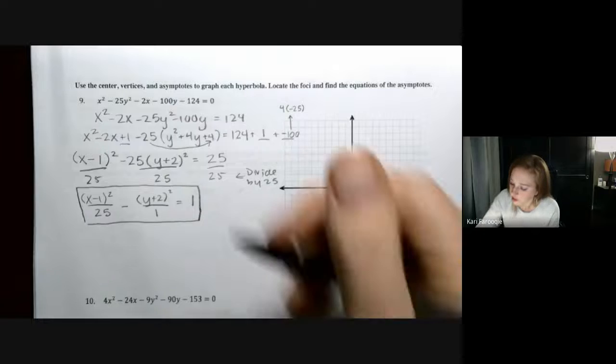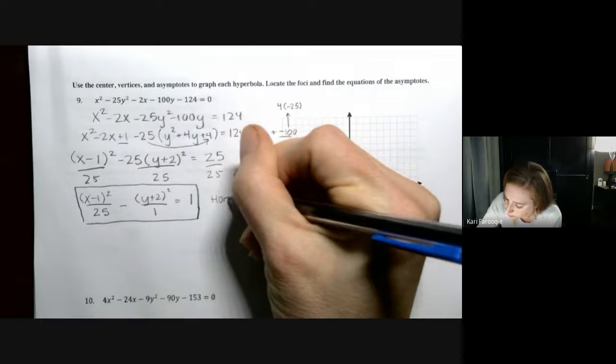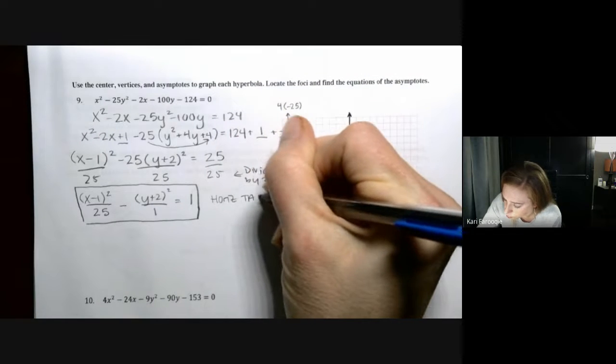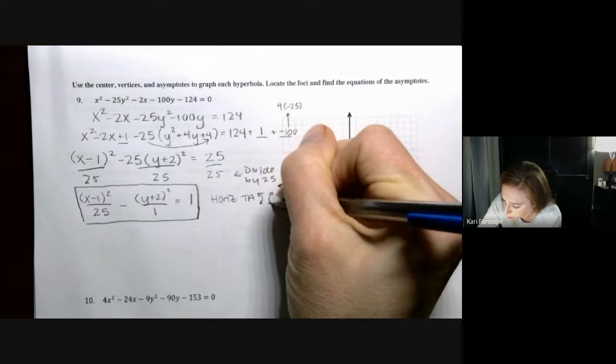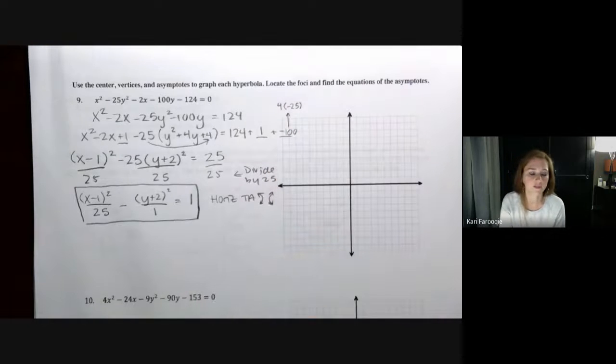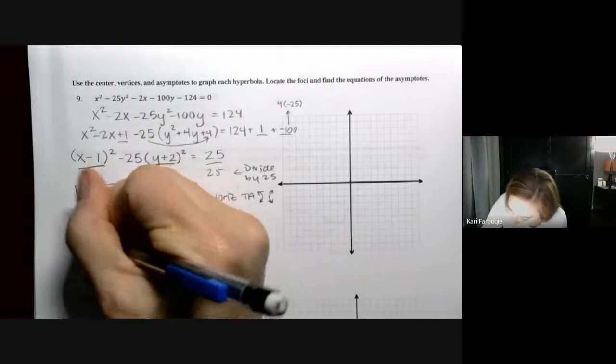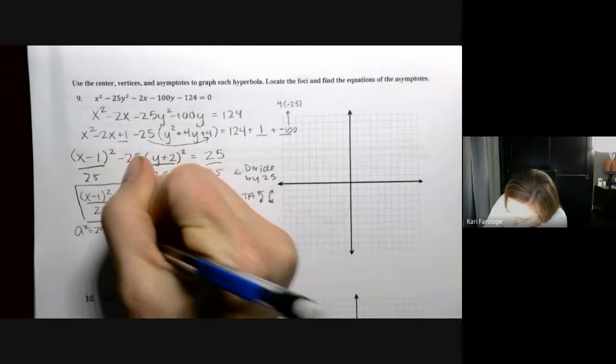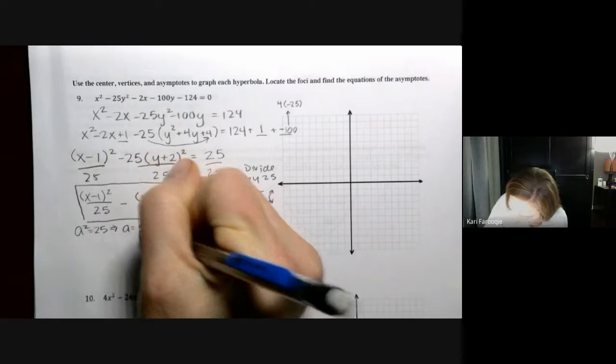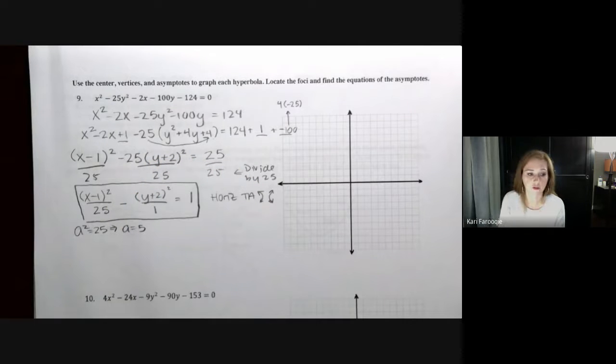We have a horizontal transverse axis, which means our hyperbola opens left and right. Our value for a squared is 25. That means that a is 5. Don't go plotting at -5, 0, and 5, 0 because we are not centered at the origin.